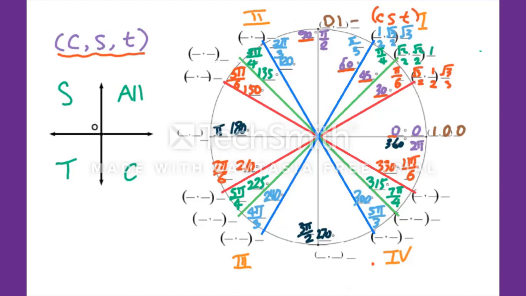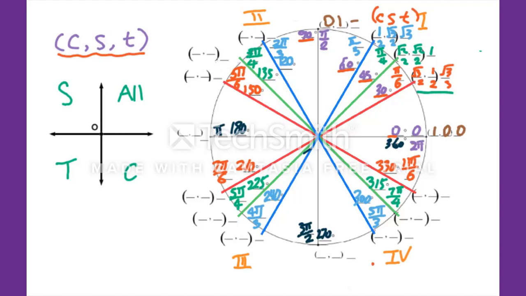Now let's write down the coordinates for each angle in the different quadrants. If it's the red line, that means their reference angle will be 30. In other words, their coordinates will be almost the same as 30 degree. That's square root of 3 over 2, 1/2, and square root of 3 over 3.